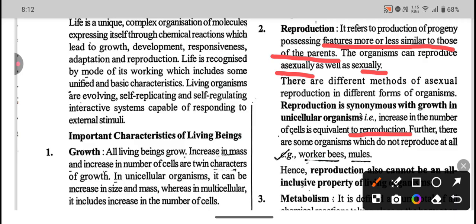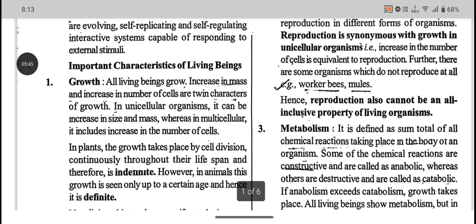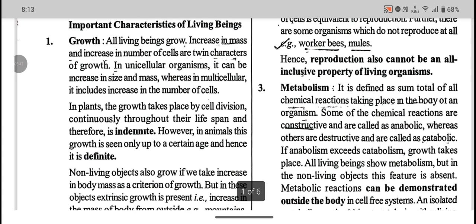In the case of unicellular organisms, further, there are some organisms which do not reproduce at all, such as worker bees and mules. Hence, reproduction also cannot be an inclusive property of living organisms.